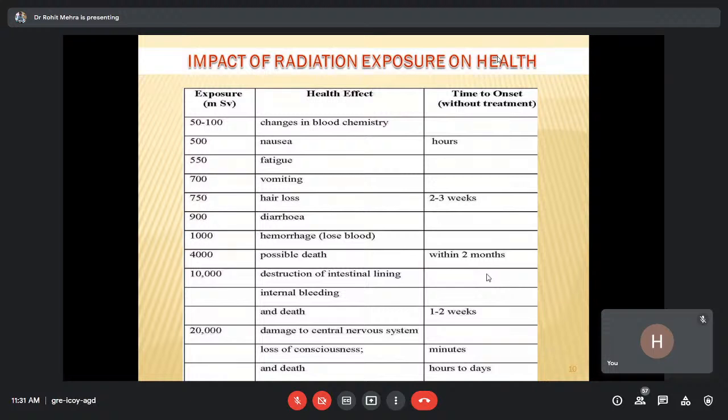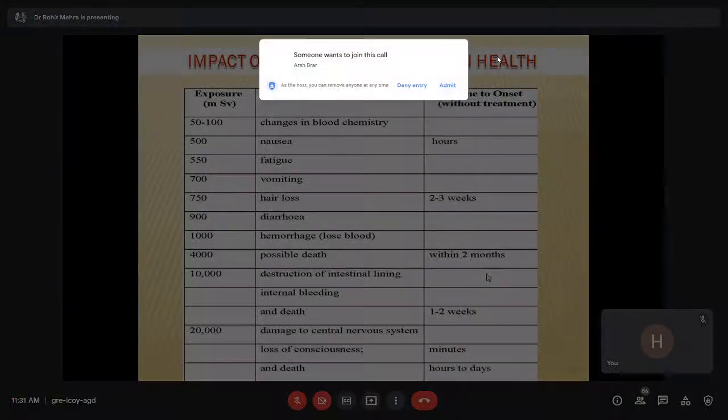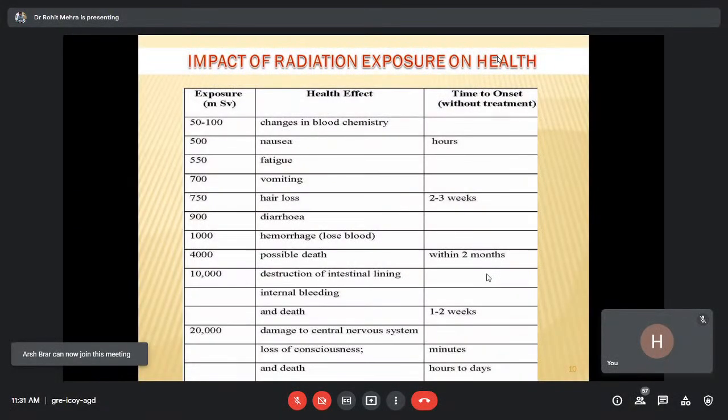But still, the dose at a particular instant of time was not more than 10 millisieverts. So you can imagine how safe nuclear reactors are. Even in the case of an accident, the maximum dose was well within controllable limits, not permissible limits. There are some terms which are called permissible and some which are called controllable limits. So it was still within controllable limits.